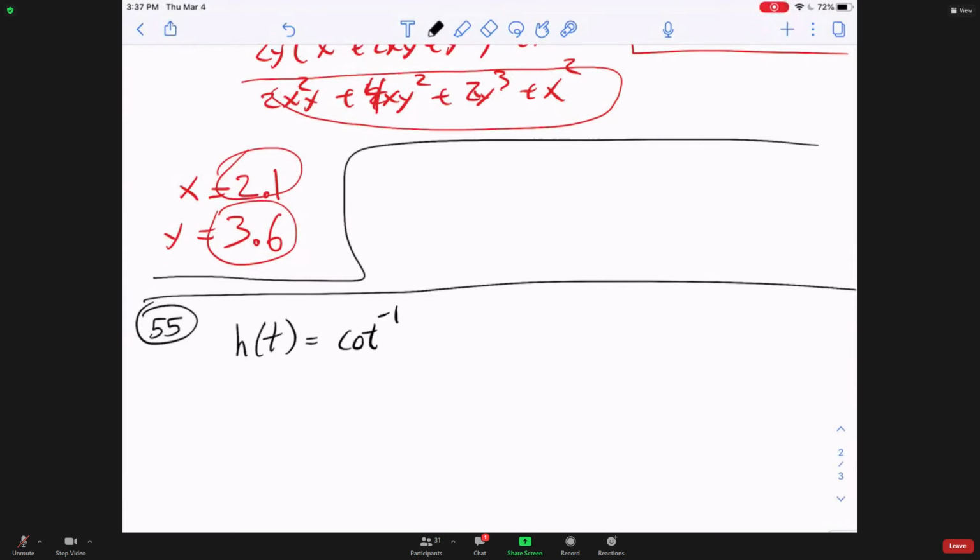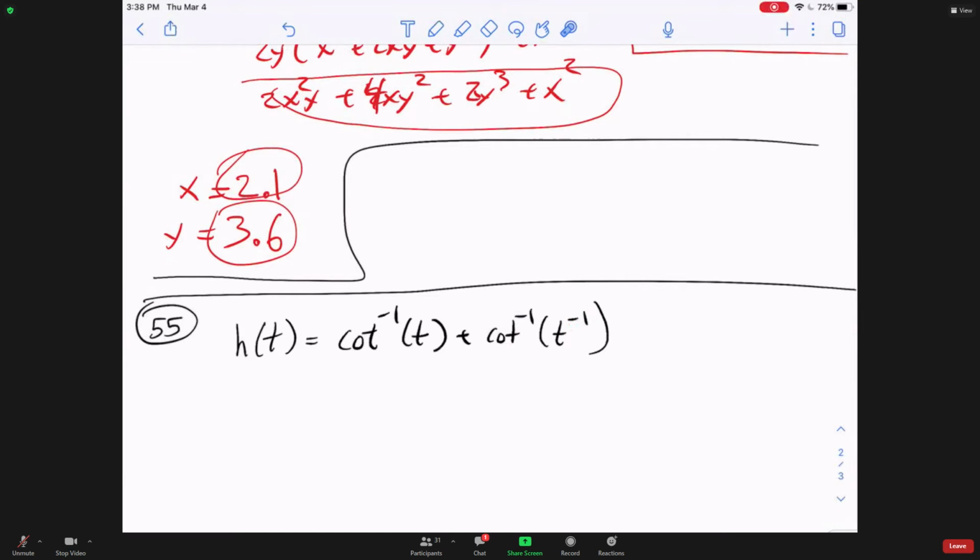All right, the arc cotangent of t plus the arc cotangent of 1 over t, which I'm going to call t to the minus 1, if that's okay. Remember, this is not to the negative 1 power. This means the inverse cotangent function, but this means the negative 1 power. So you have to be careful with what context you see the negative 1.